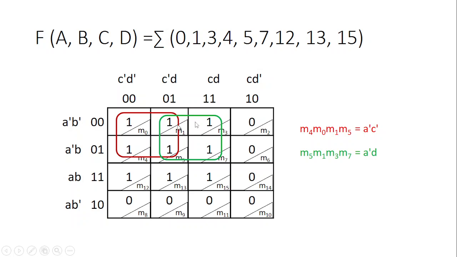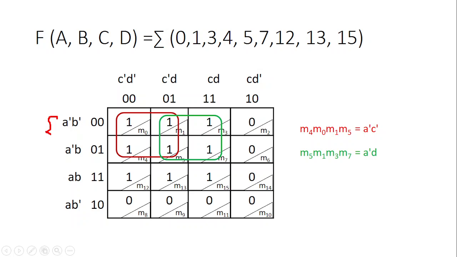Okay. Now let's look at this one. Again I'm going to write from this direction. So I'm going to go from here and come back like this. So I start with M5, M1, M3, M7. Which one will vanish? You know very well. For this, you don't need to look at here. You have already written in the previous one.